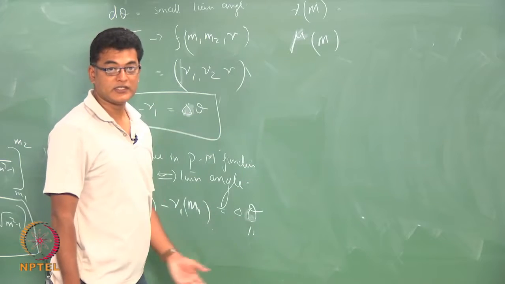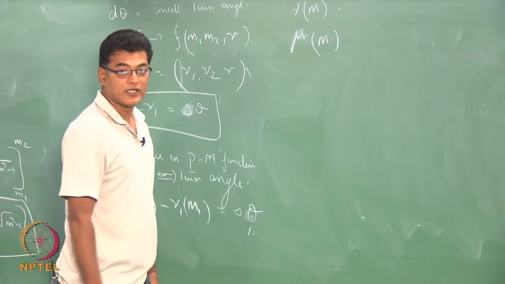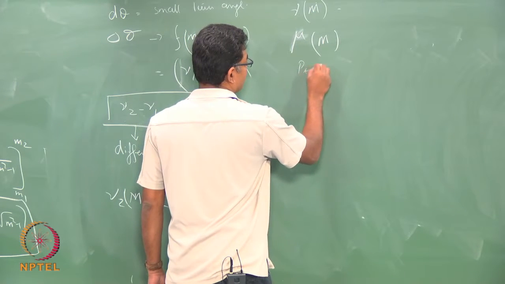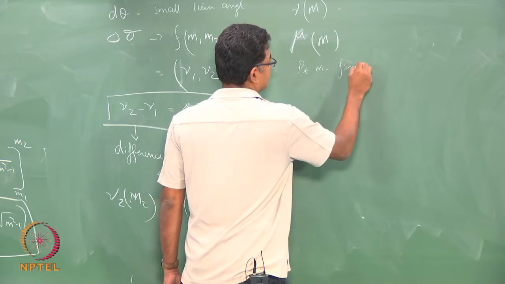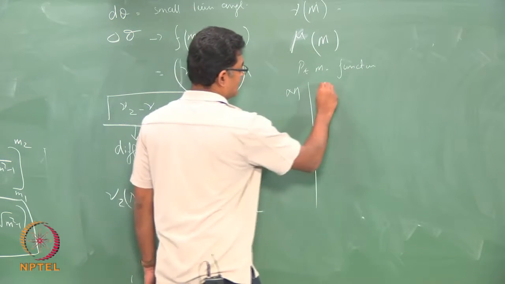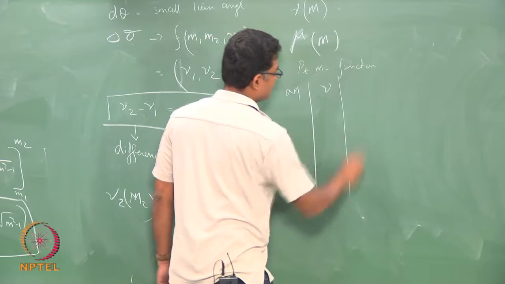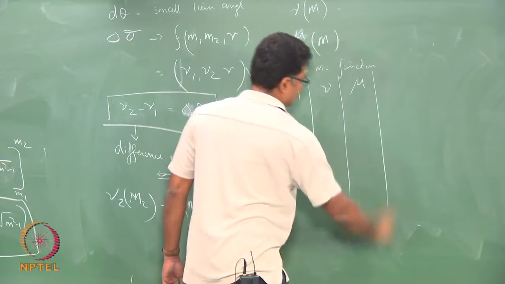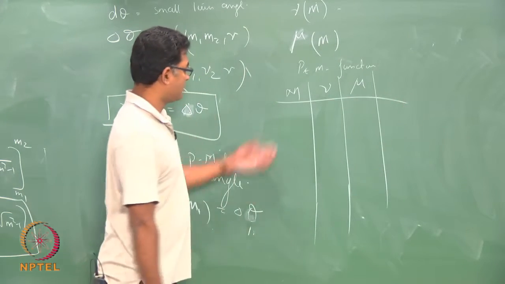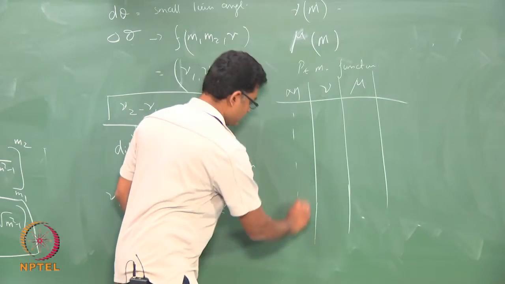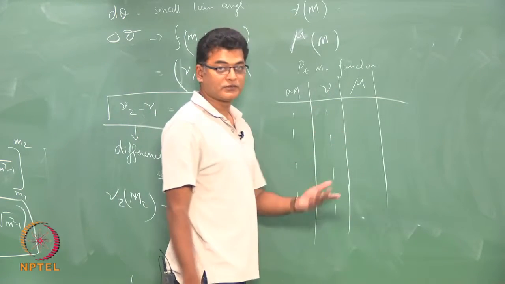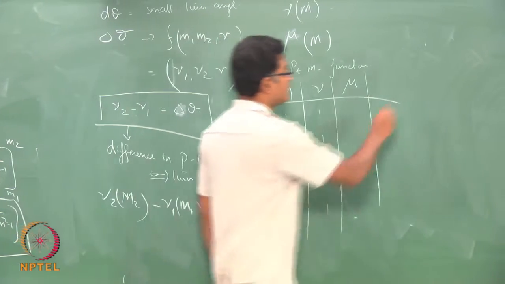If I can tabulate this, that is what you would see in your gas table as your Prandtl-Meyer function. So, for a given Mach number, I can have mu, the Mach angle. Okay. So, for different Mach numbers, I would have different values of mu, and this is what you would see.